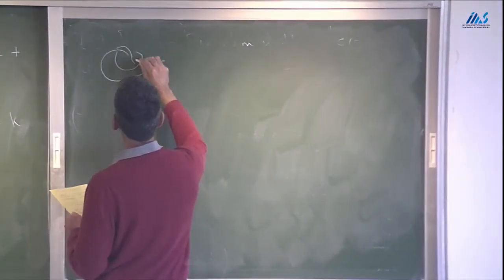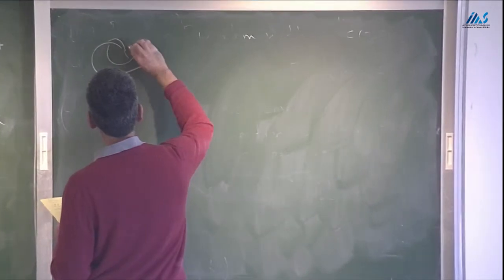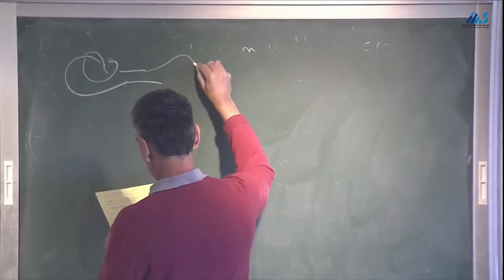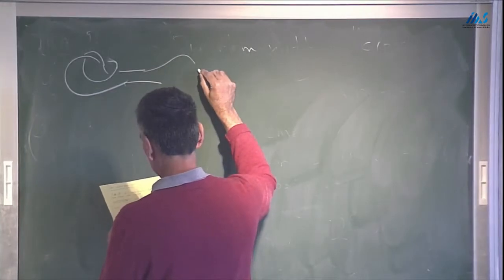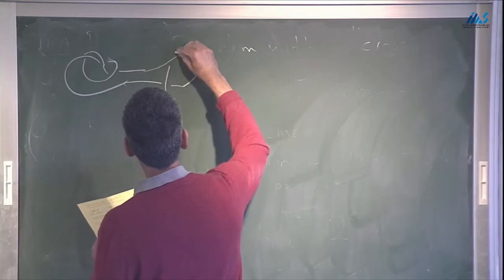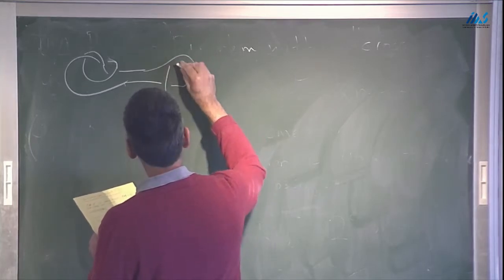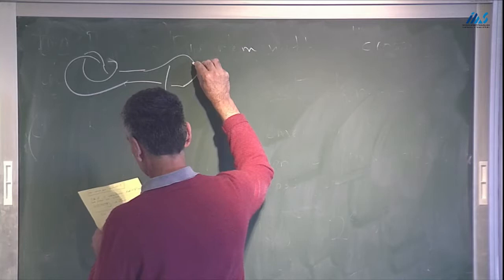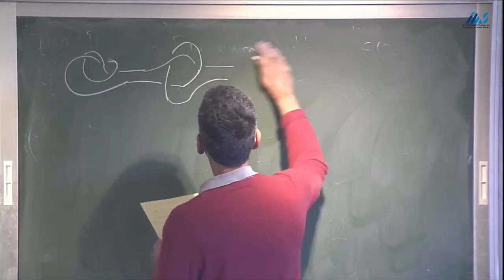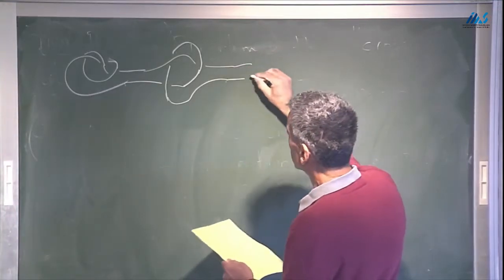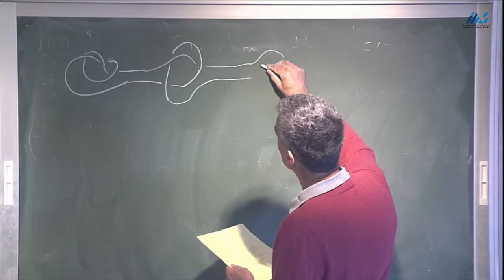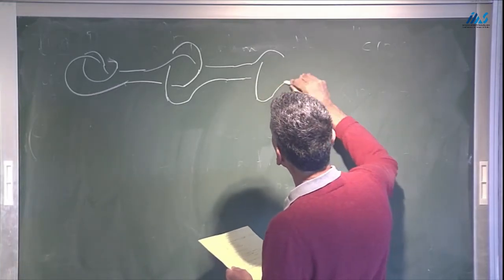You take a trefoil knot, and then you take another trefoil knot, and then you take another trefoil knot. So you just take a connect sum of a collection of trefoil knots.